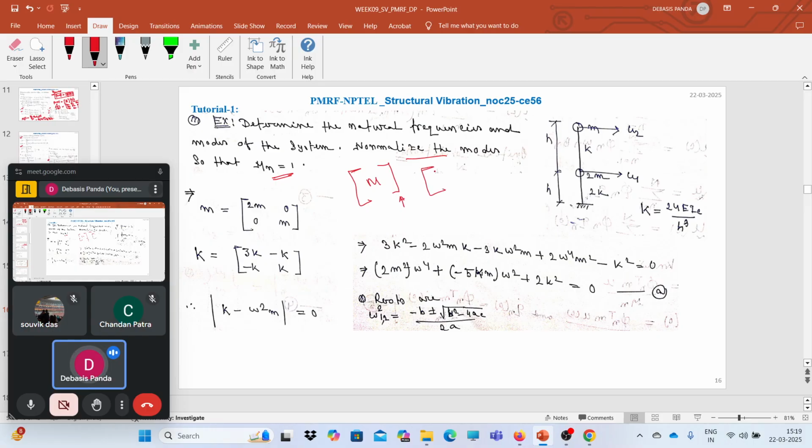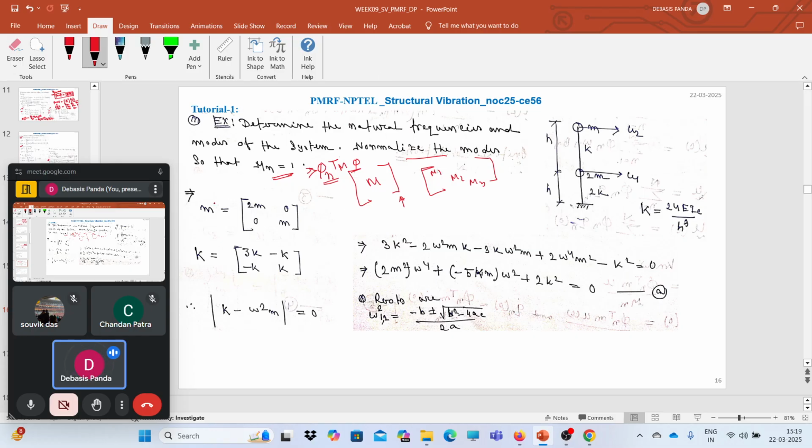That means here we have M1, M2, M3, dot dot dot Mn, that means phi n transpose M phi. You just need to make it like that. So they want you to normalize the mode shape with respect to mass. That means we need to have the mass normalized mode shapes.